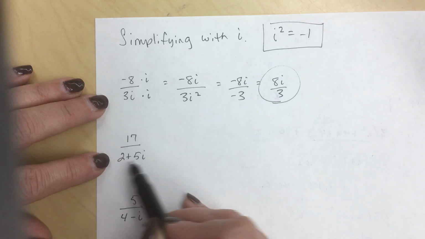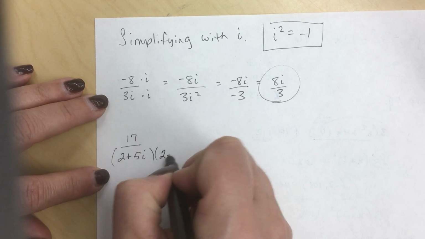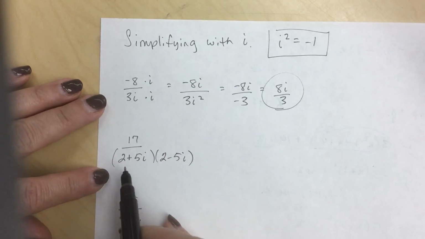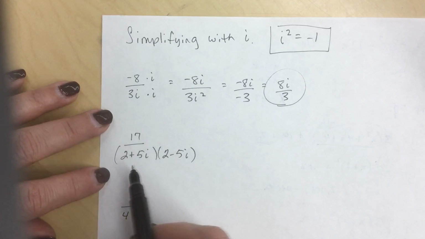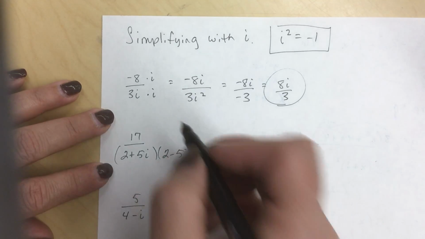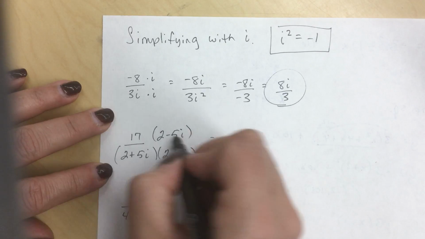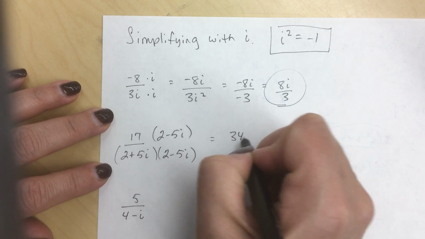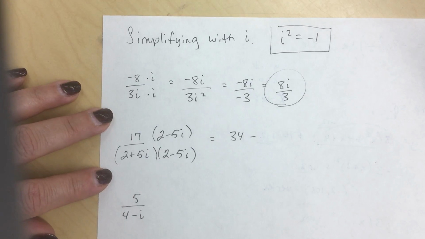Okay, when you have addition on the bottom, you're going to have to multiply by the conjugate, which is the exact same thing, except it has a minus where there was a plus or vice versa. If I multiply the bottom by that, I have to multiply the top by that. So I get 34 minus, I think that's 85. 17 times, yeah, 85.